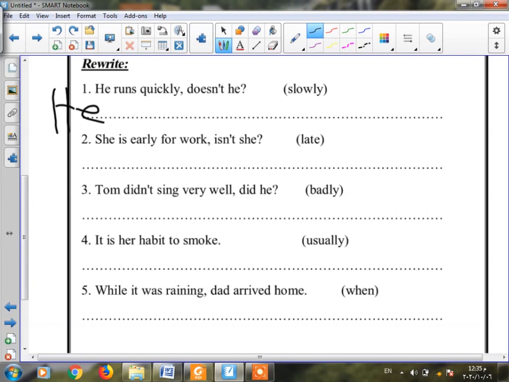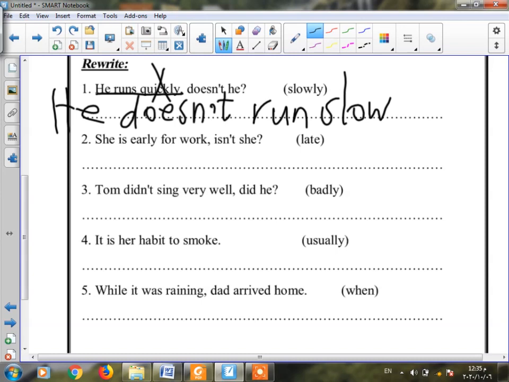But I can't write runs. I have to change my first positive form into negative. Doesn't. And my verb after doesn't has to be infinitive, so it will be run. And I'm going to cross the word quickly and change it into slowly according to my question.